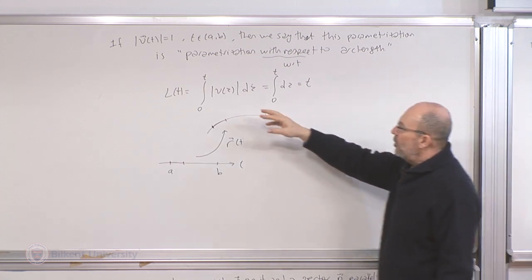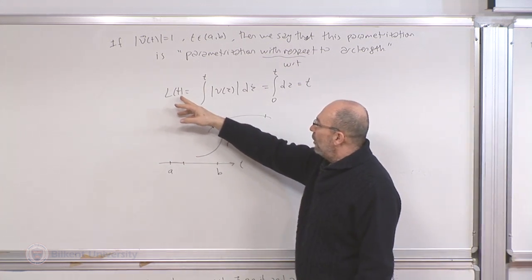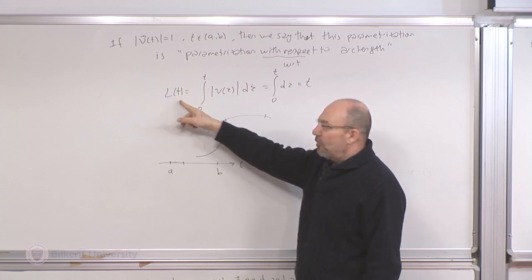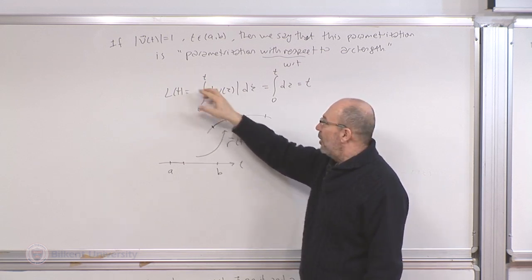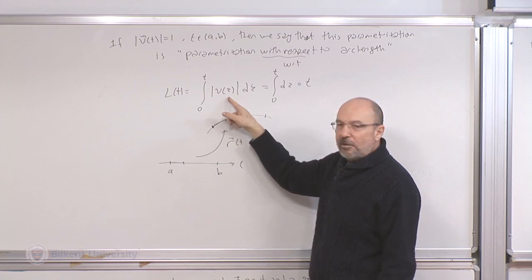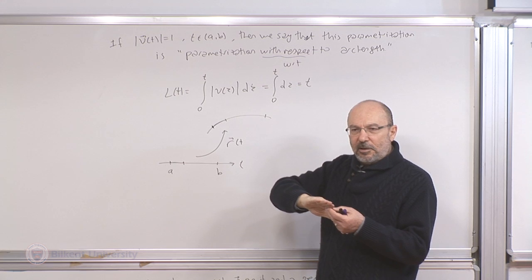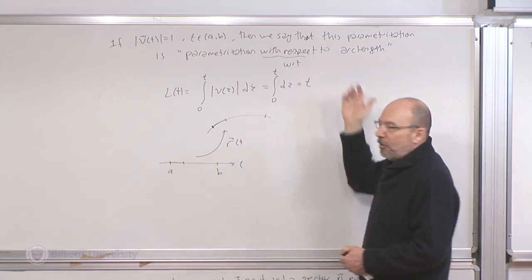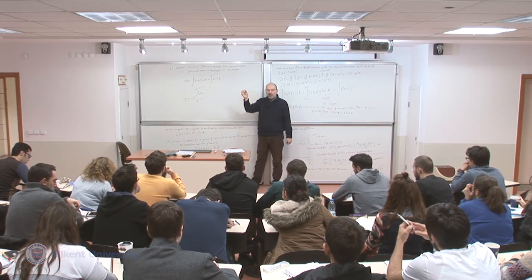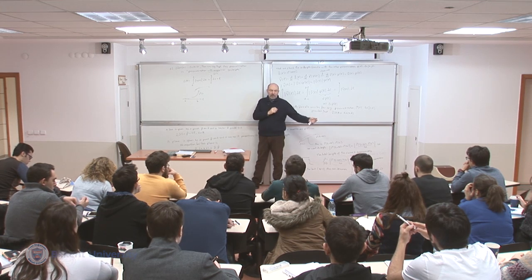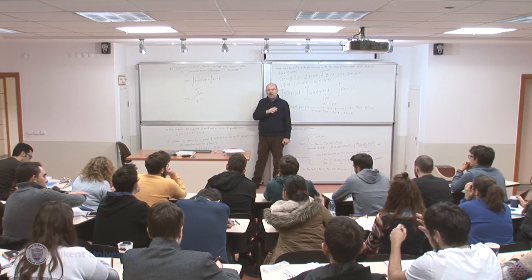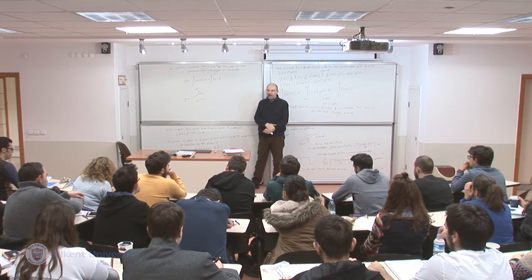You see that in general, this is a function of t now. If you take the derivative of this, you obtain this. This is something positive. Okay, so it means that the length is increasing. Geometrically, it is obvious. Okay, as you move along the curve, the length you cover is increasing. Okay, but algebraically, this means that you have an invertible function.